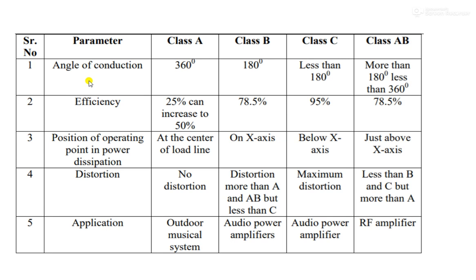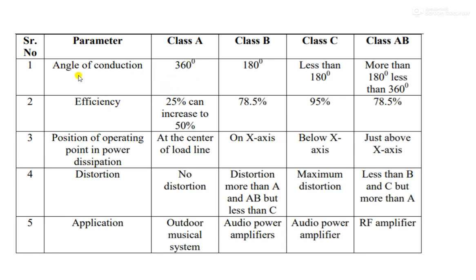First is angle of conduction. What are the major differences among class A, B, C and AB? For a class A amplifier, the angle of conduction is 360 degrees, that means a complete cycle.